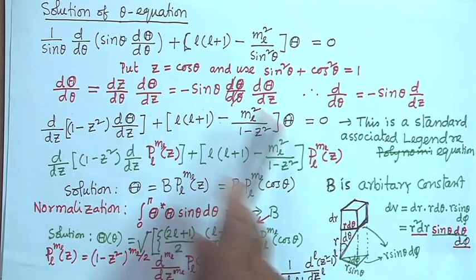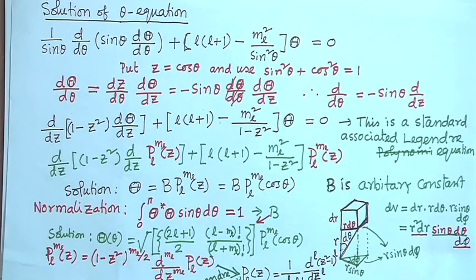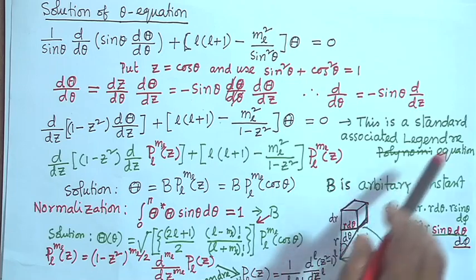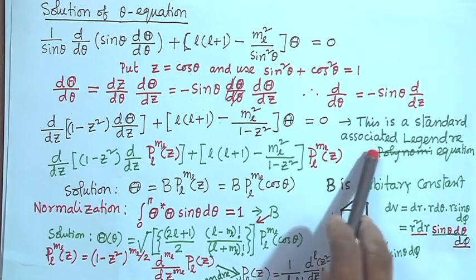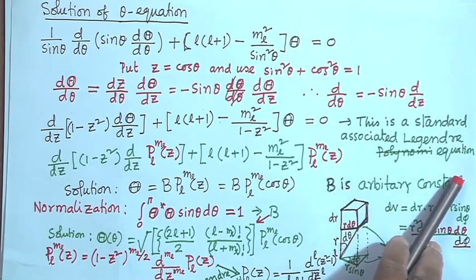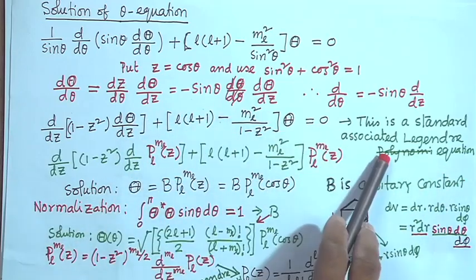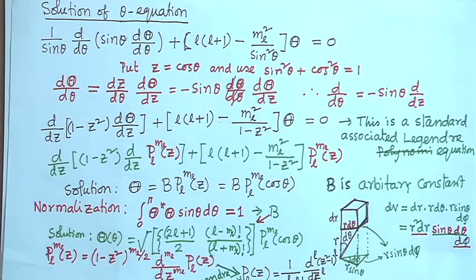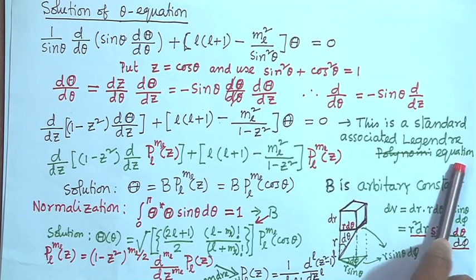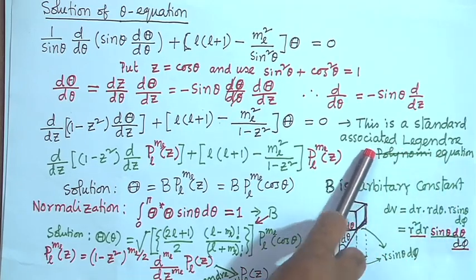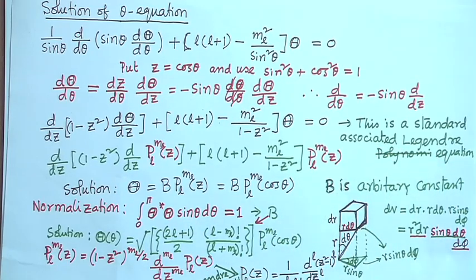So, now it is the standard format called the associated Legendre equation. This equation is a standard equation, the associated Legendre equation. Why associated? Basically this is the Legendre polynomial, the Legendre function.